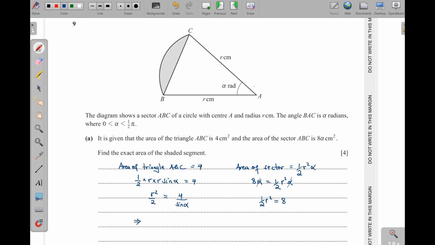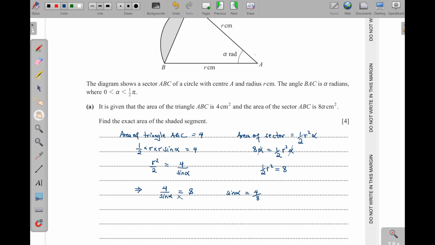That means this one here, if it is 8, then I can just substitute it here. So that means 4 over sine alpha then shall be equal to what? 8. When you cross multiply, then sine alpha shall be equal to 4 over 8, which is a half. So meaning alpha shall be equal to the arcsine of a half, which is going to be 30 degrees, or pi over 6.